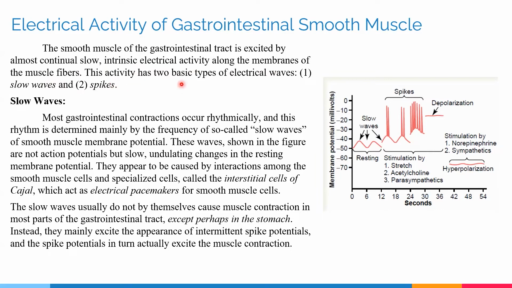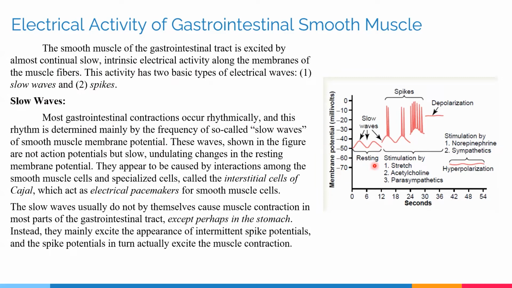This activity has two basic types of electrical waves, the slow waves and the spikes. Most gastrointestinal contractions occur rhythmically, and this rhythm is determined mainly by the frequency of the so-called slow waves of the muscle membrane potential, which are shown in the schematic right here.